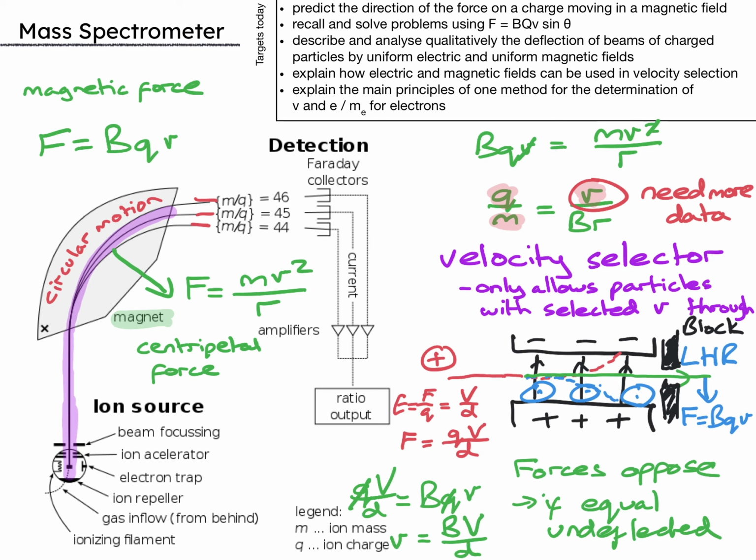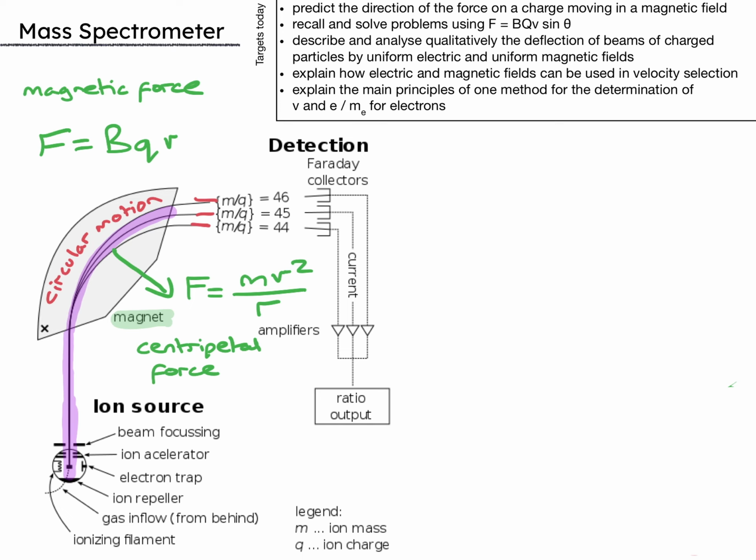Since B, V and D are all constants, we can control their values and select which value for velocity, v, can get through. It's a velocity selector. Plus, we know the velocity, which is handy for the next part. In this part, we want to detect the particles.